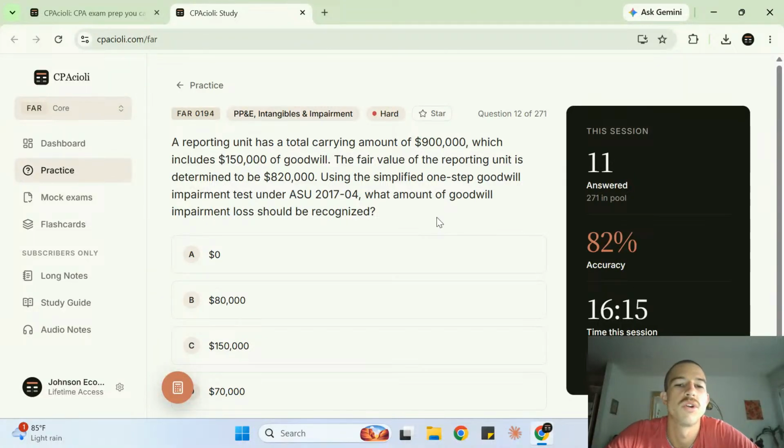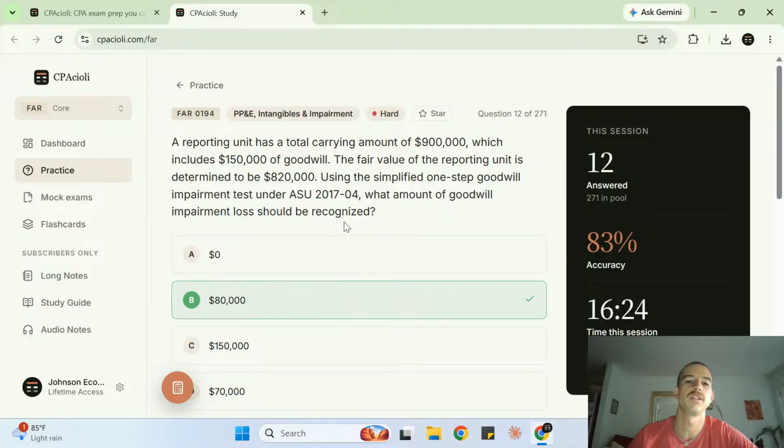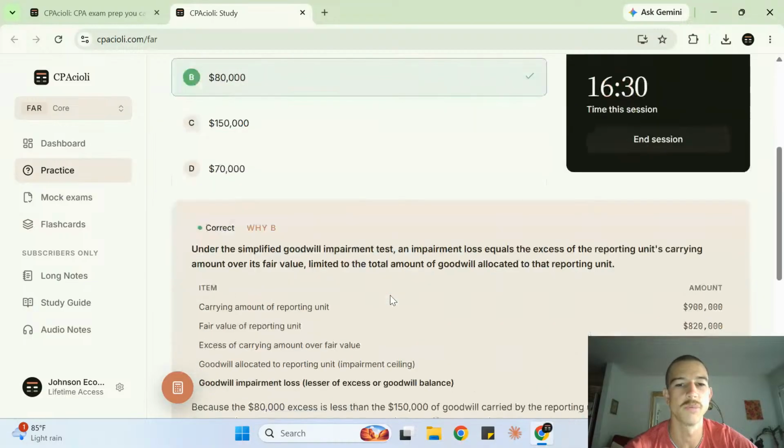Since the carrying amount is greater than the fair value, it is impaired, and the impairment is the difference, so 80,000. And because that 80,000 is less than the goodwill, they can recognize the full amount.